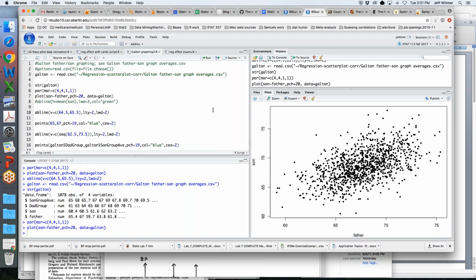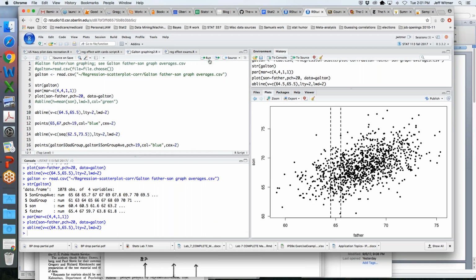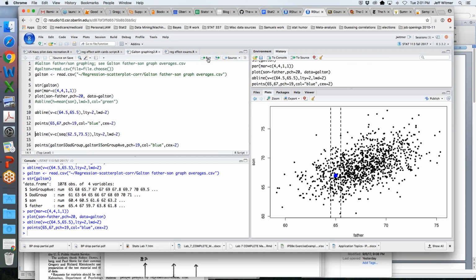I want to focus on 65-inch tall fathers, and think about how tall is the typical son of a 65-inch tall father. This blue dot in the middle is the average of y at that value of x. So when dad's 65 inches tall, rounded to the nearest inch, the average son is at about maybe 67 inches.